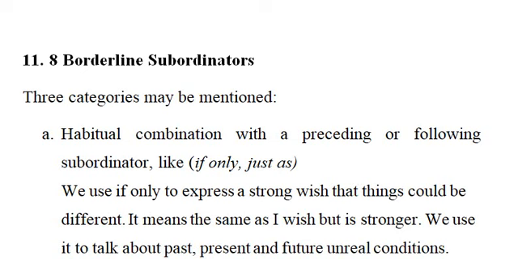They are elements linking two clauses. Please pay attention to this note. Now, these borderline subordinators are 3 categories, I should say: the habitual, the participle forms, and time expressions. Now, the habitual combination with a preceding or following subordinator.